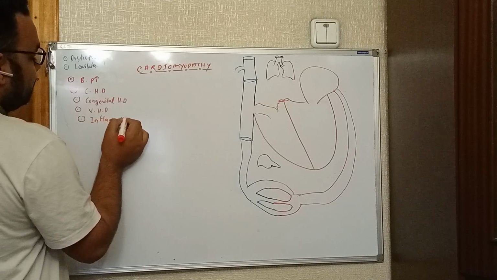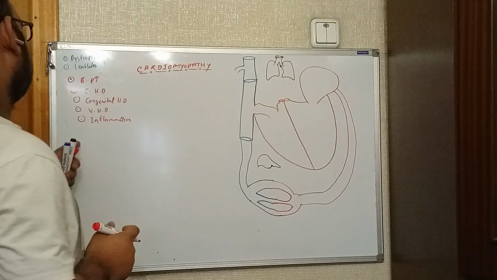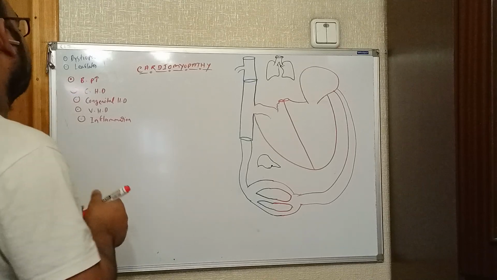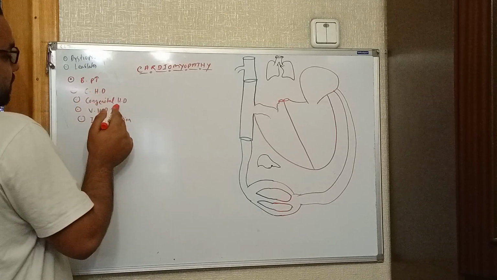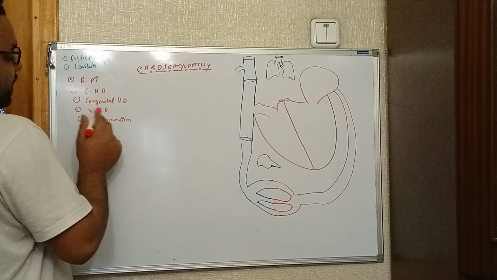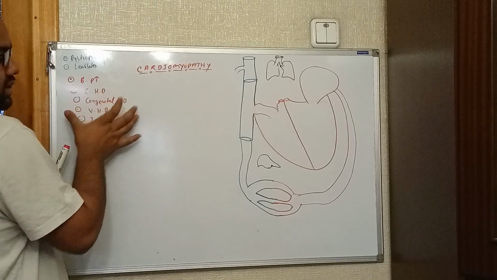These things are exclusive. Okay, these are the exclusive of the cardiomyopathies. So just keep in mind these things, that the high blood pressures or the hypertension, the coronary heart disease, the congenital heart disease, the valvular heart disease and the inflammations. These things are not related to the cardiomyopathy. We can say it's the exclusives.